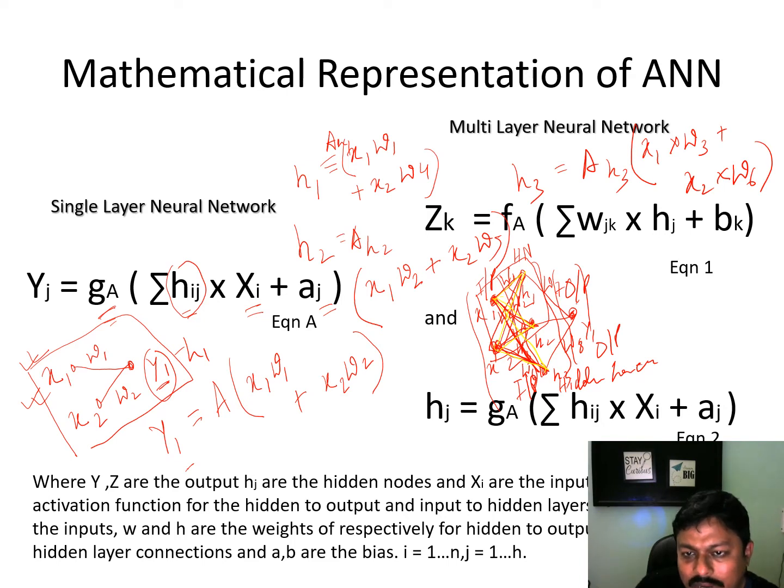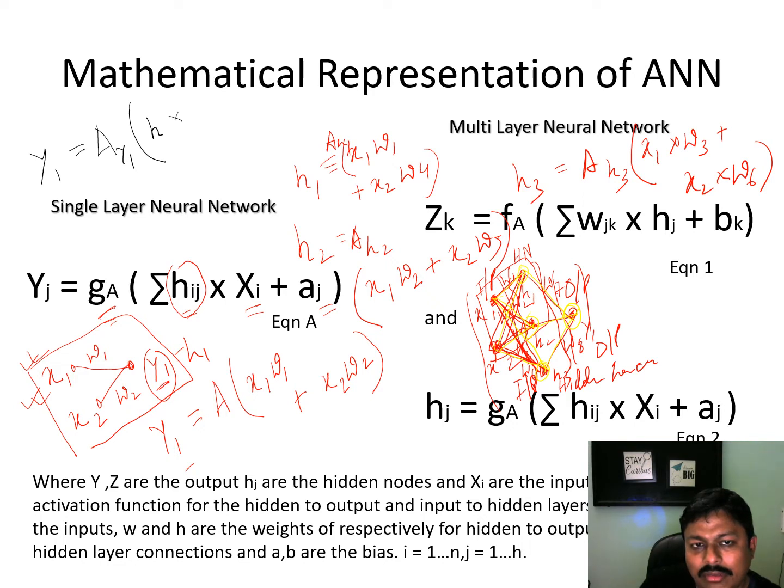Now if I try to predict this real Y1, what are the inputs to this Y1? H1, H2, H3, and all are connected to this Y1. Now if I try to predict Y1, again there will be an activation function. Here H1, H2, H3 are the inputs, right?